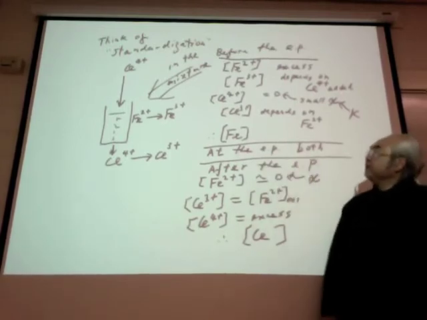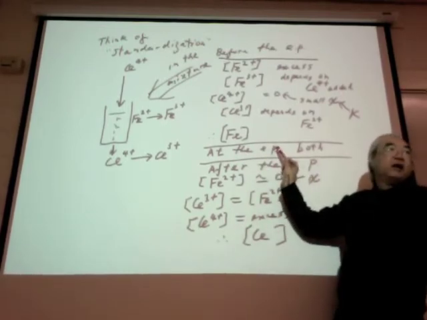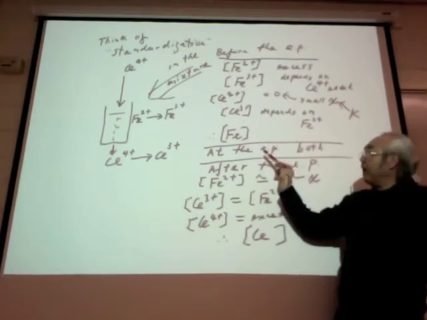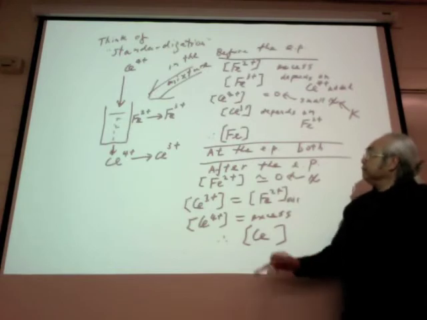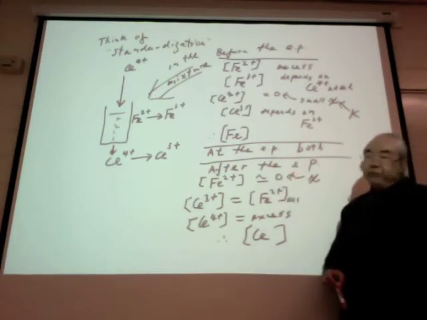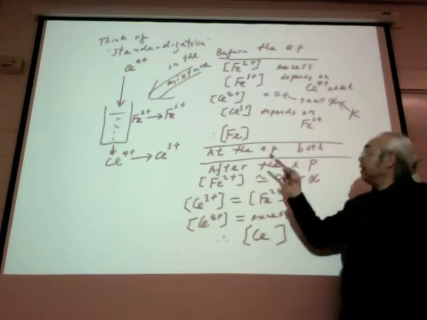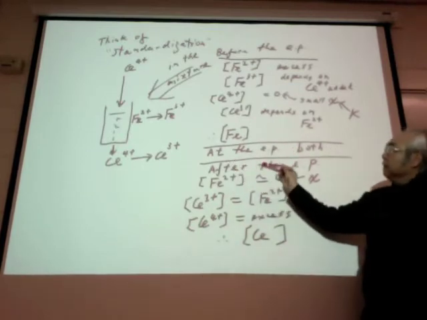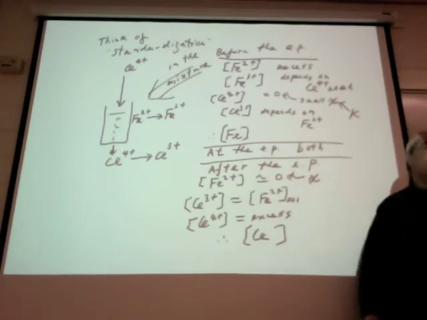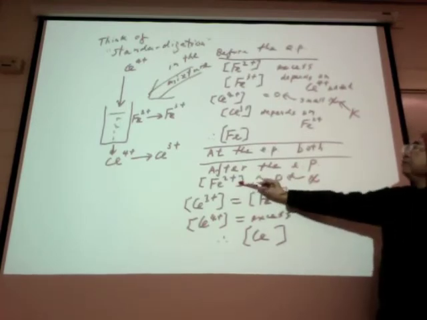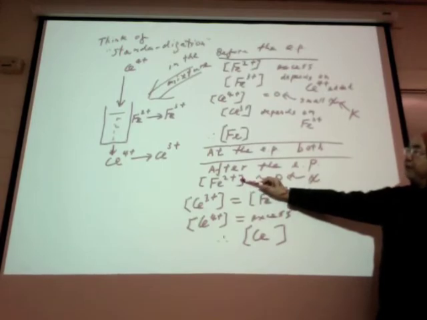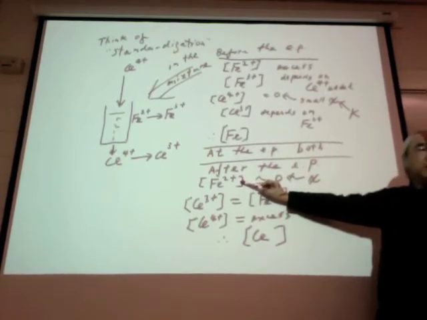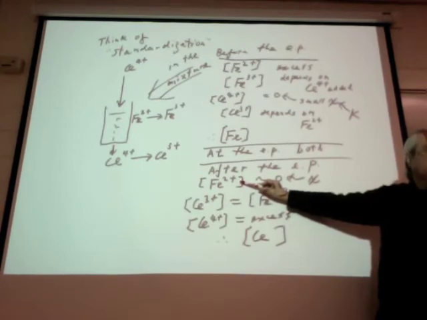Now at the endpoint, both your titrant and your analyte are going to contribute, and I will derive the formula for this potential right here. After the endpoint, initially you have Fe2+, but now all the Fe2+ has been transformed into Fe3+, right?